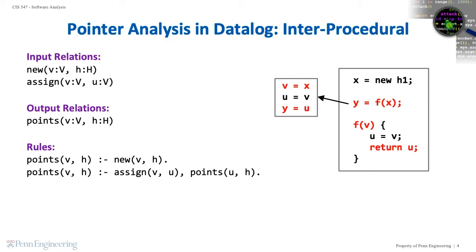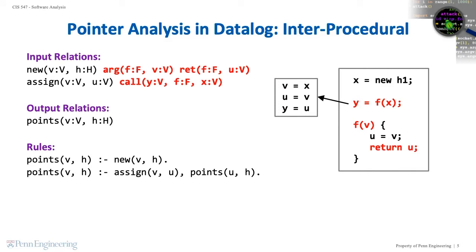The second line is the body of the function f, which in this case is just the statement u is assigned v, and the third line assigns the value of variable u that would be returned to variable y, receiving the output of the function call f of x.